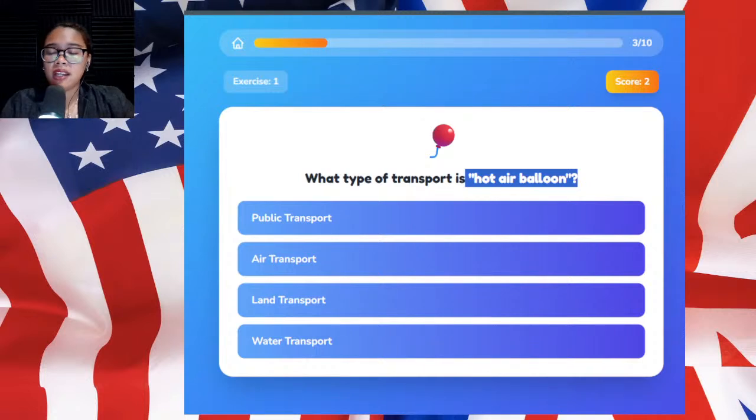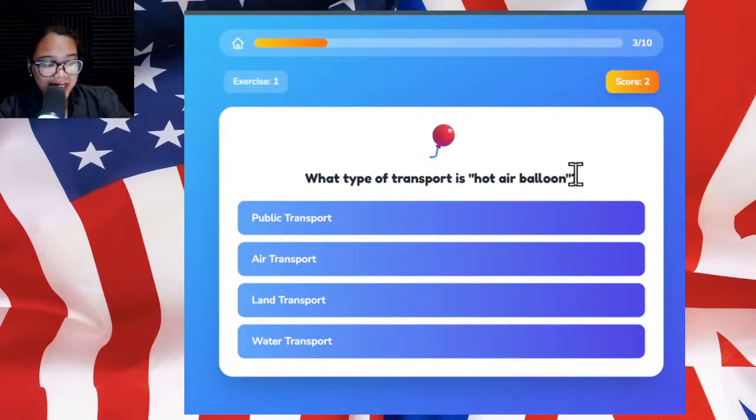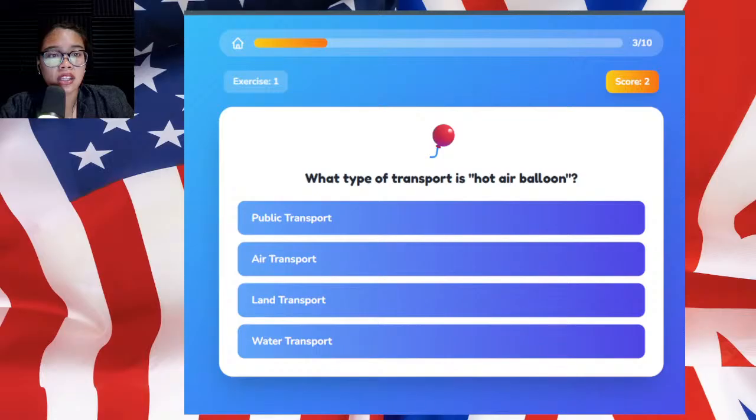Okay, I think this would be very easy because from the name itself, there's already a hint, right? So what type of transport is hot air balloon? What do you think? You can type it in our chat box. Share your answer. I will constantly check the stream.